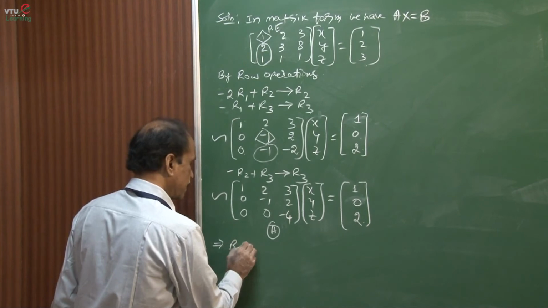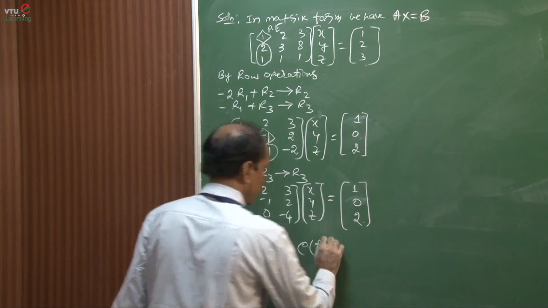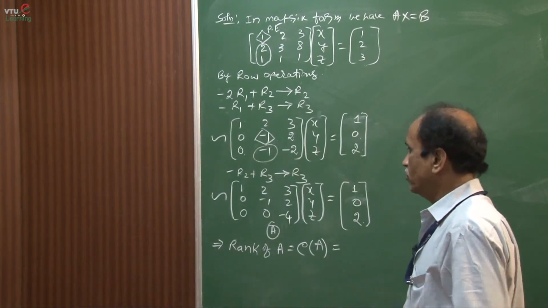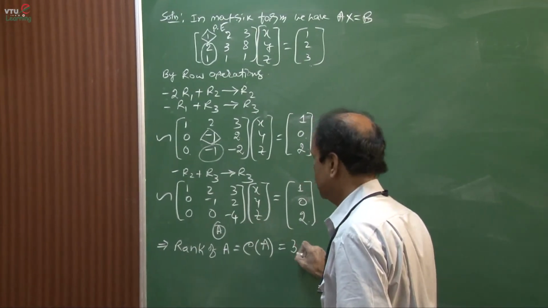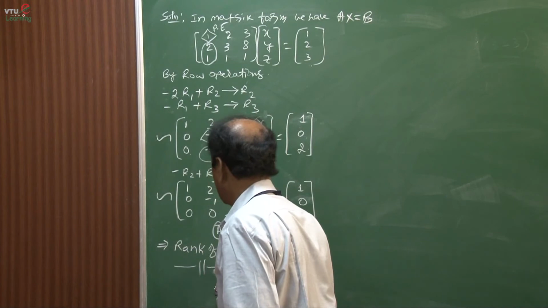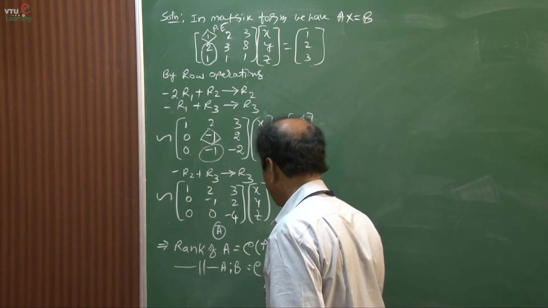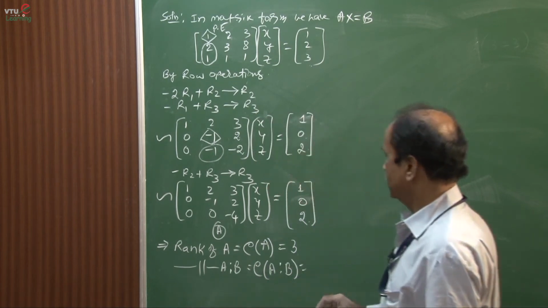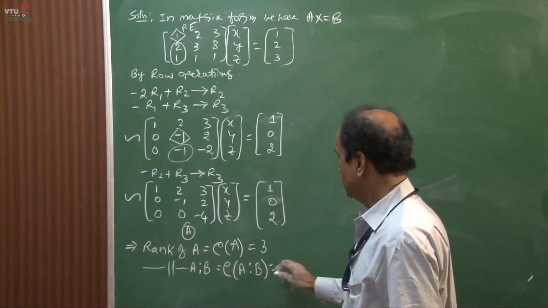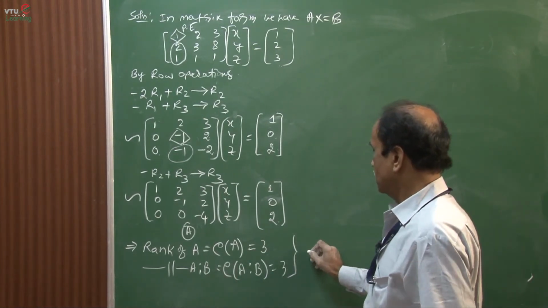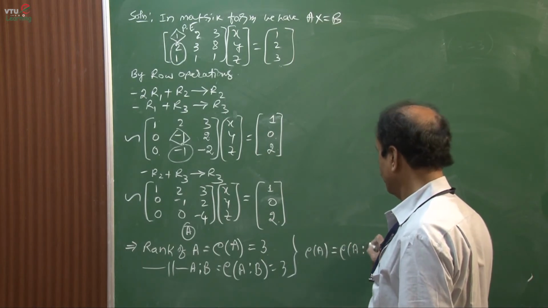Rank of A is the number of non-zero rows, that is 3, and the rank of the augmented matrix AB is also 3. Therefore, rank of A is equal to rank of AB.